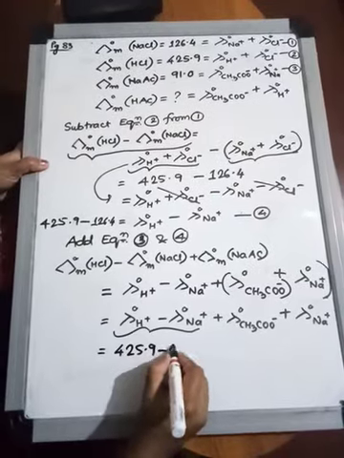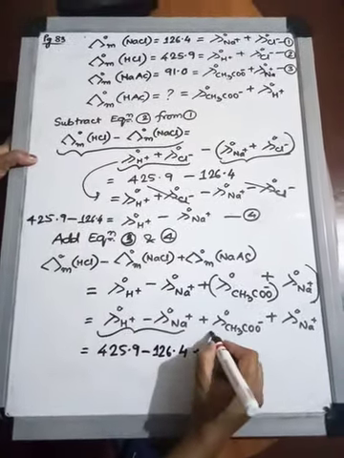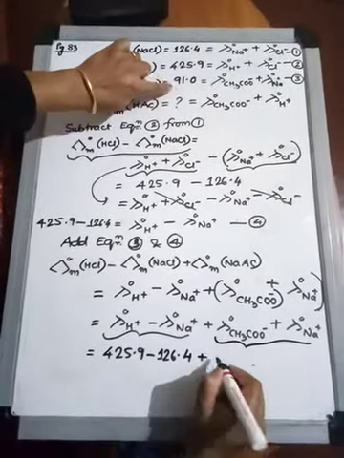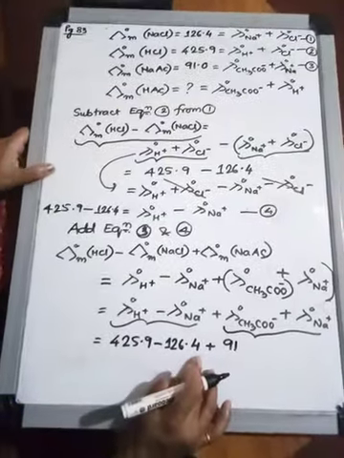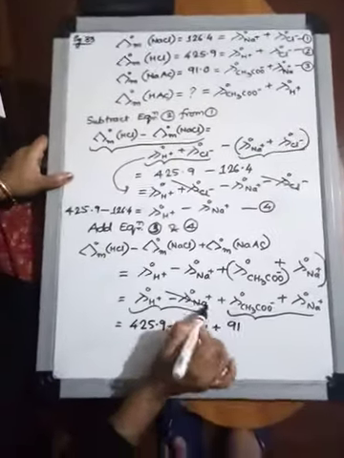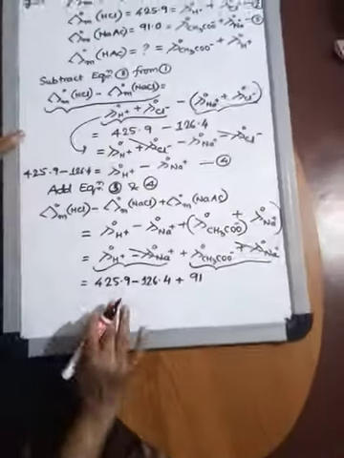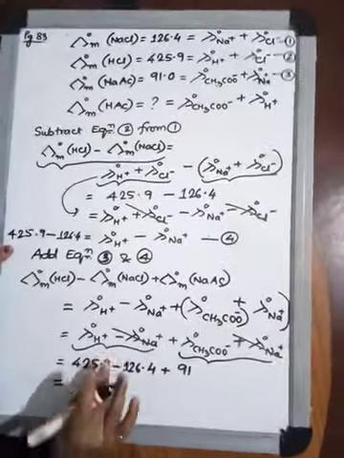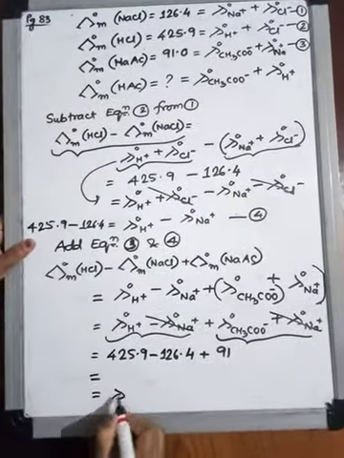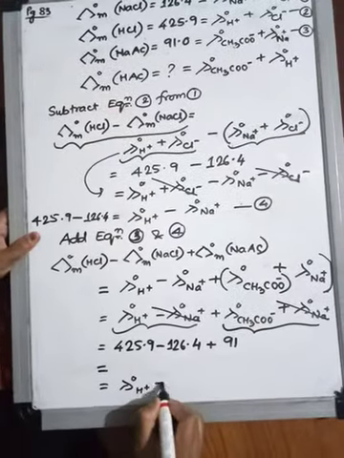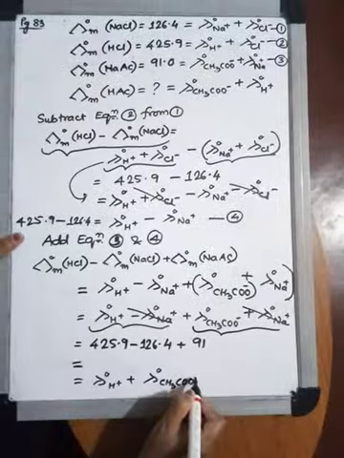So we will put this value 425.9 minus 126.4 plus, now what was this portion? That is also given to us, plus 91. This is only for putting down the values, but I think you can see we can cancel this with this. Let us see what we get at the end. We will get is equal to lambda 0 H plus lambda 0 CH3COO minus.